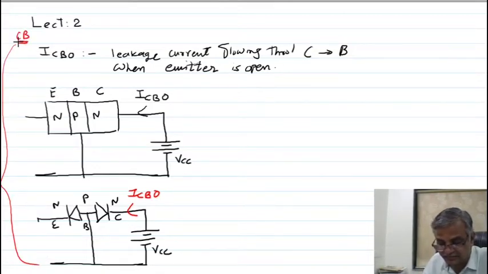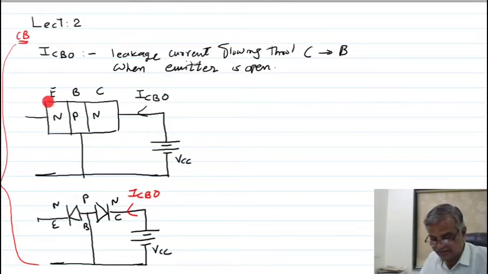Listen again. Carefully try to understand what I am telling you. In a common base, when the emitter is kept open circuited and the collector is kept in reverse bias with respect to base, then the reverse leakage current flowing from collector to base is called the leakage current flowing from collector to base when the emitter is open.